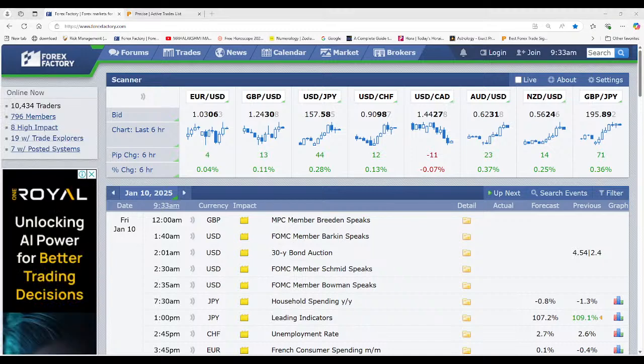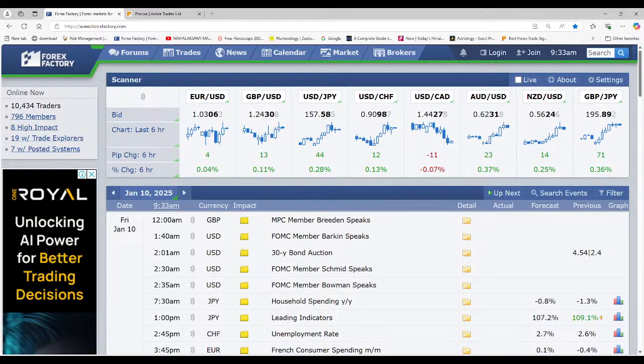So the key data we need to pay attention to for this week is FOMC minutes and non-farm payroll. These are the key data.